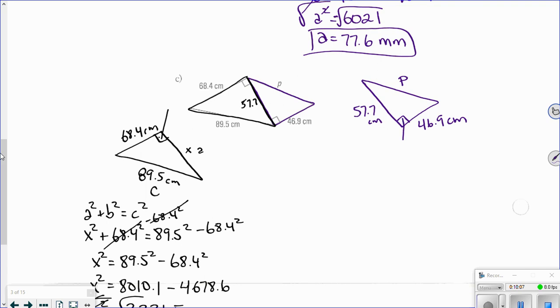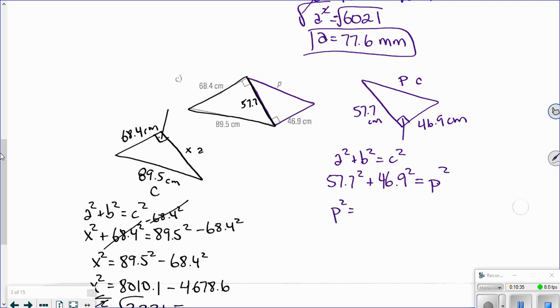My right angle points at my c side in my formula. So this time I'm going to do a squared plus b squared equals c squared. But I'm solving for the c part, so I'm just going to leave it written as is. So 57.7 squared plus 46.9 squared equals p squared.